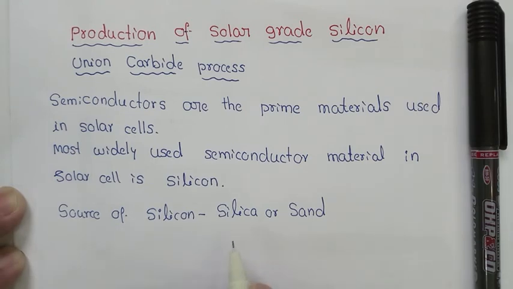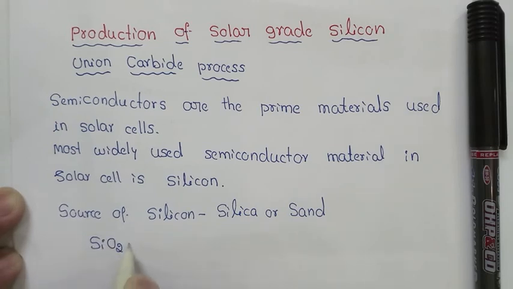So this sand is melted in the presence of coke and reduced to silicon in an electric furnace at over 1900 degrees Celsius. Silicon dioxide, silica, is reduced using coke, carbon, to silicon and carbon monoxide.